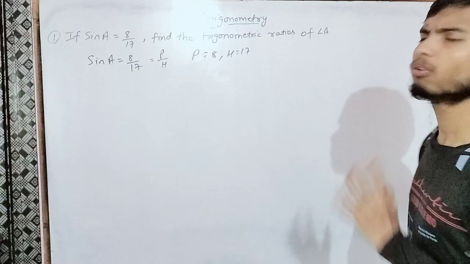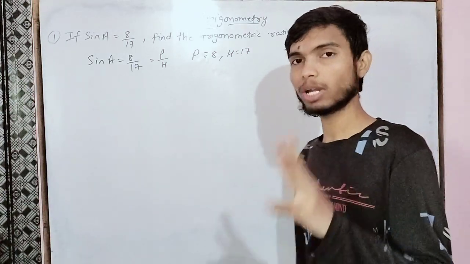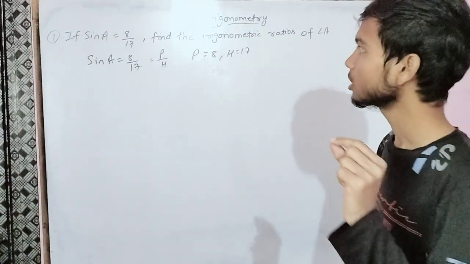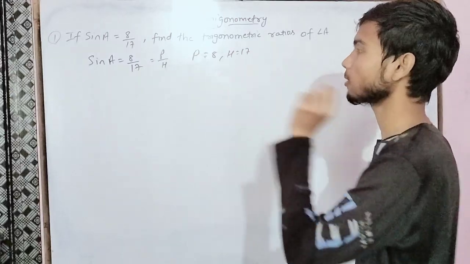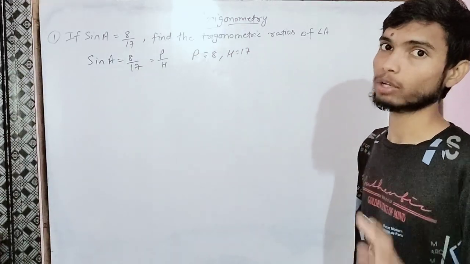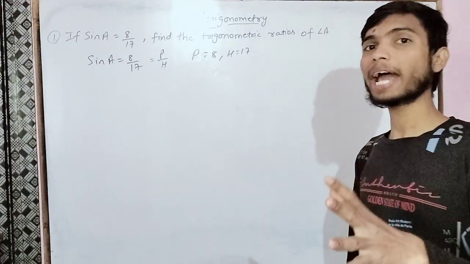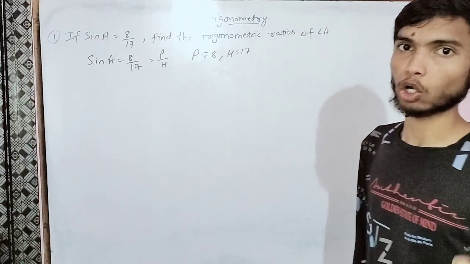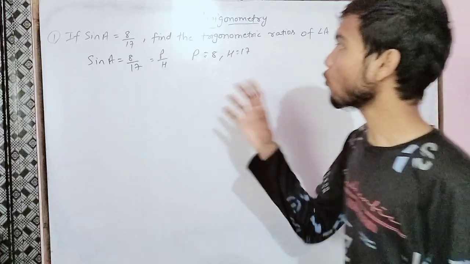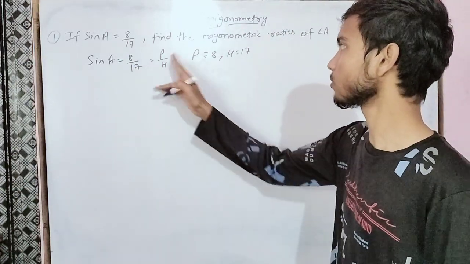Now here we have the value of P and the value of H. But we should have the value of 3 variables: first the value of P, second the value of H, and the value of B. We should have the values of all 3 sides of a right-angled triangle. So we got the values of 2 sides first.